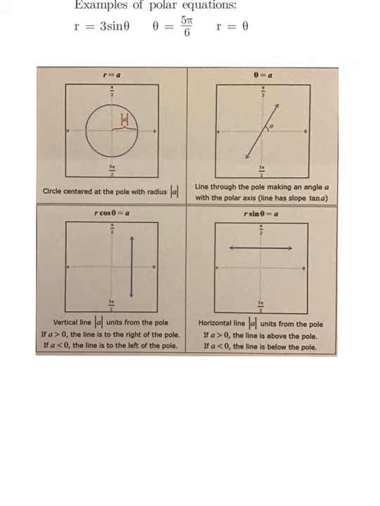A equals r cosine theta. If you think about that, cosine theta we talked about was always the x coordinate. And if you have an equation in rectangular form that is only x equals, that is always a vertical line.